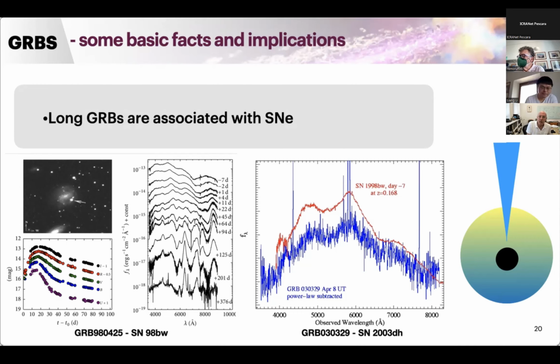Now this leads to a very immediate prediction. This is the duration time distribution. T_gamma is the duration of the gamma ray burst. T_engine is the duration of activity of the engine.